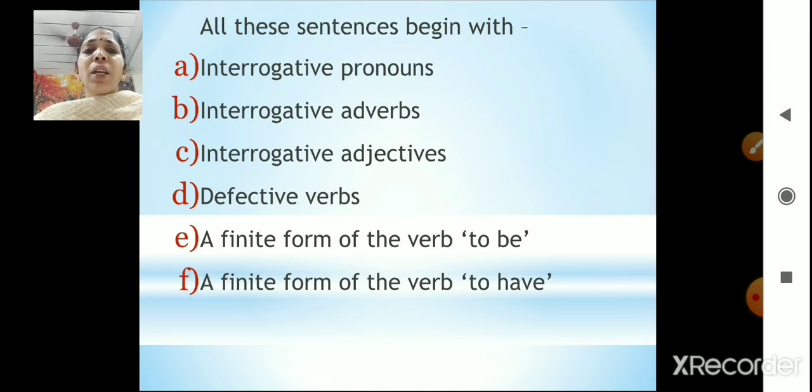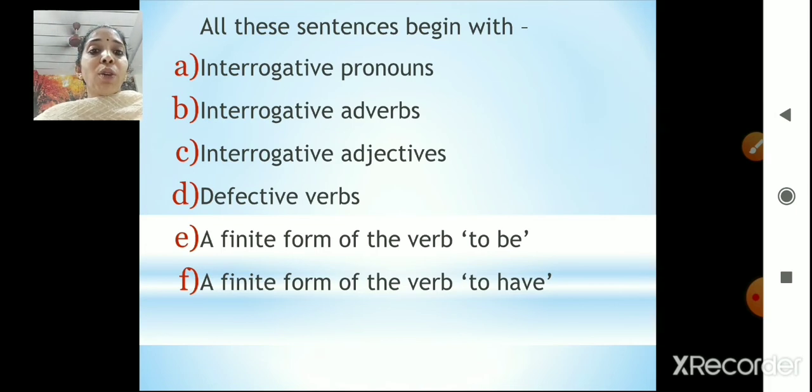They mainly use what, which, whose. For example, which jacket belongs to Reena. So this is an example of an interrogative adjective, that is using which. It describes a noun that is used in a question.